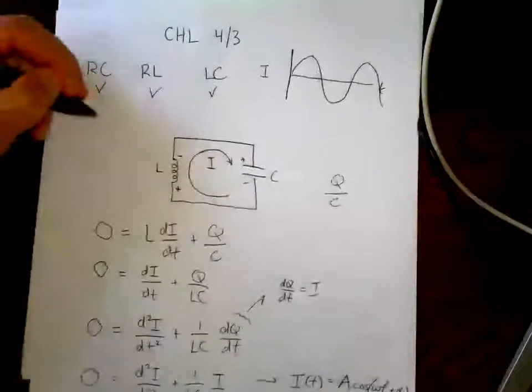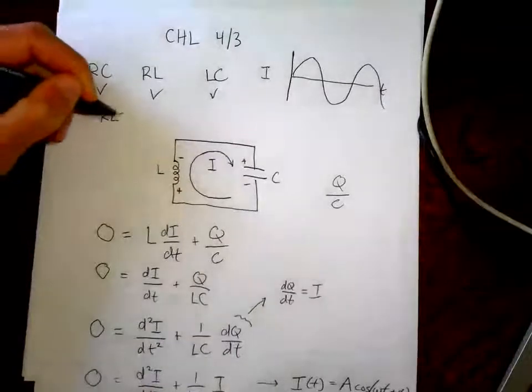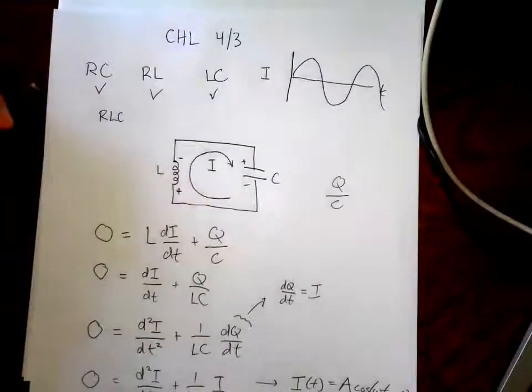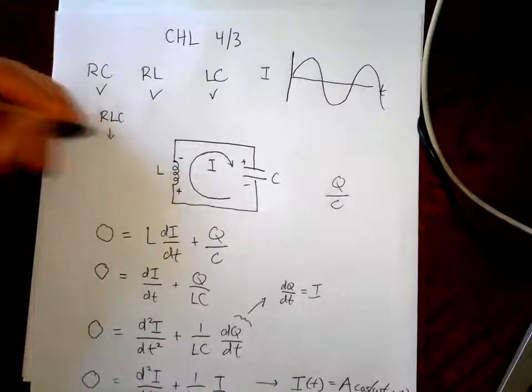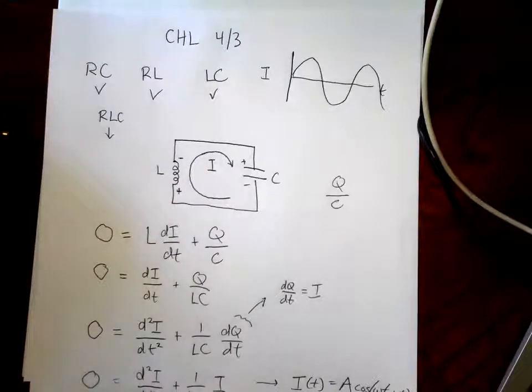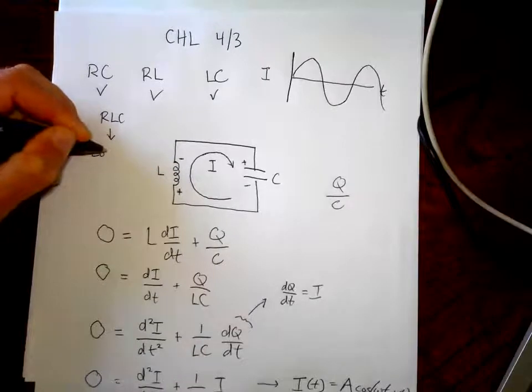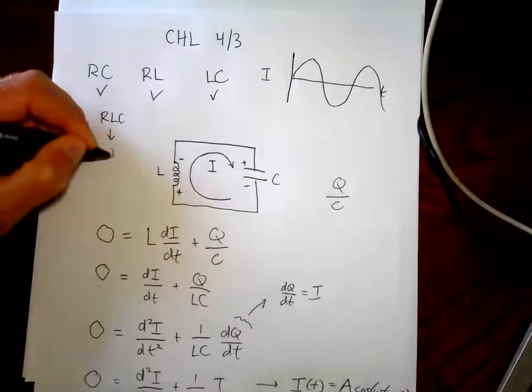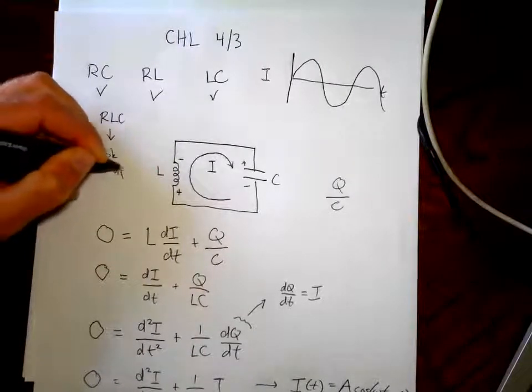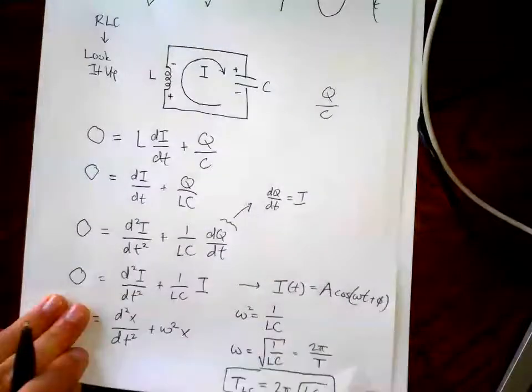In reality, it's what's called an RLC circuit. If you want to know the mathematics behind an RLC circuit, it's the same as the mathematics behind damped simple harmonic motion. But I will ask you to look it up.